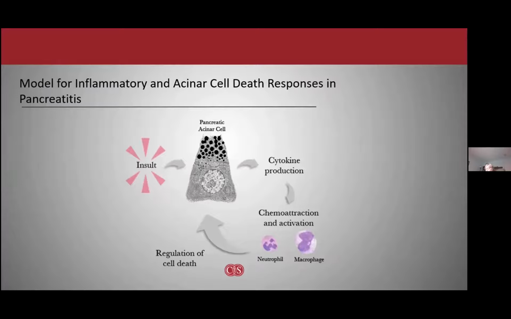We found that those in turn can cause further damage of the pancreatic acinar cell, including necrosis and production of organellar dysfunction that causes further activation of trypsin.